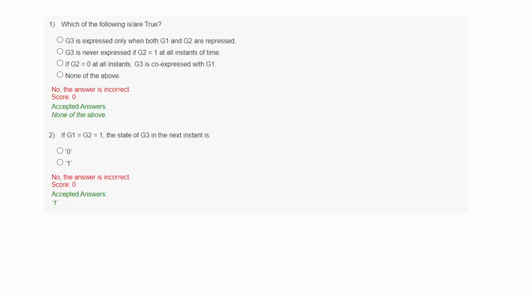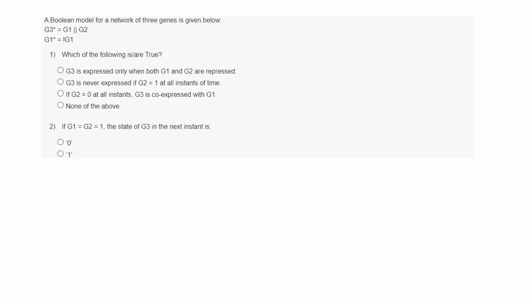Okay, so yeah, the answer is correct. I'll just explain it. So this was the question. G3 is expressed only when both G1 and G2 are repressed. It's not true. It can express when G2 is expressing as well. G3 is never expressed if G2 equals 1 at all instances of time.